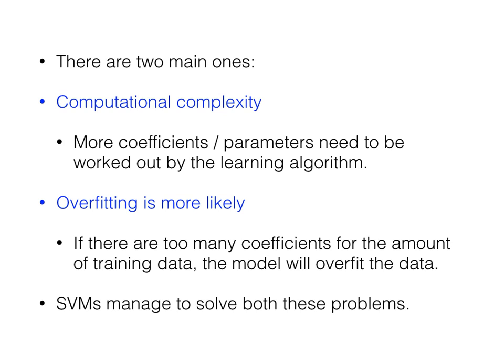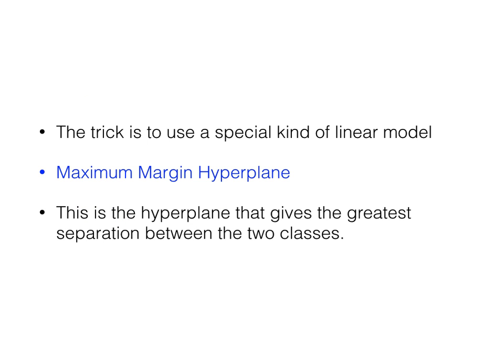So support vector machines manage to solve both of these problems of computational complexity and overfitting in quite a clever way. The trick is that they use a very special kind of linear model called a maximum margin hyperplane. This is the hyperplane that gives the greatest separation between the two classes.